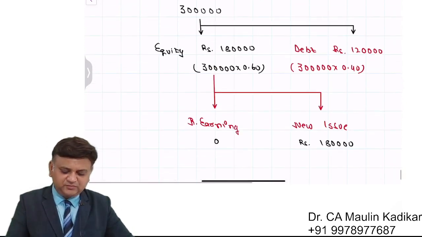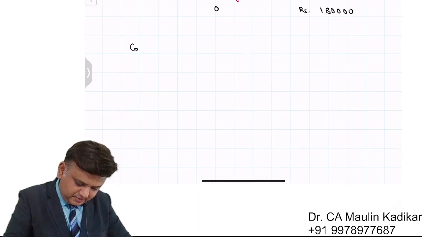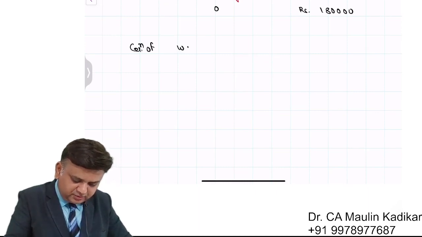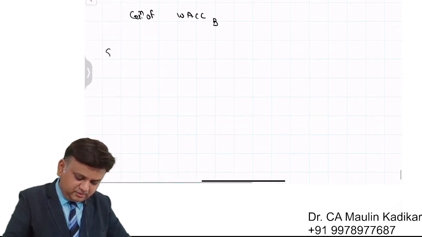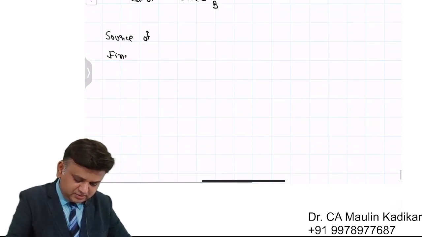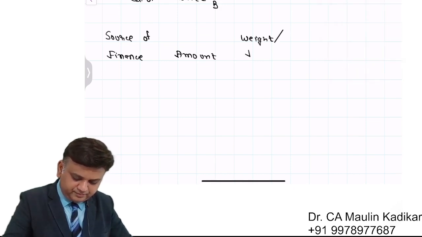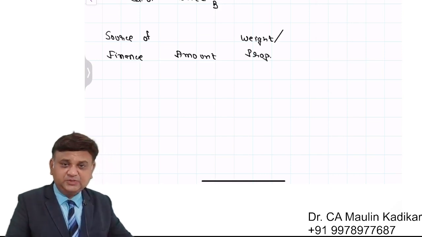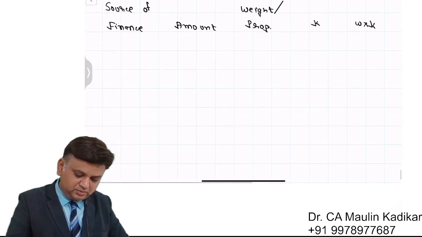So I request all of you to write down this working note number 1, and based on that, the calculation of weighted average cost of capital of project B. Source of finance, amount, weight slash proportion, cost, weight into proportion, weight into cost.